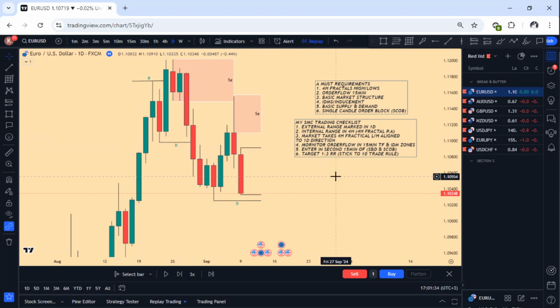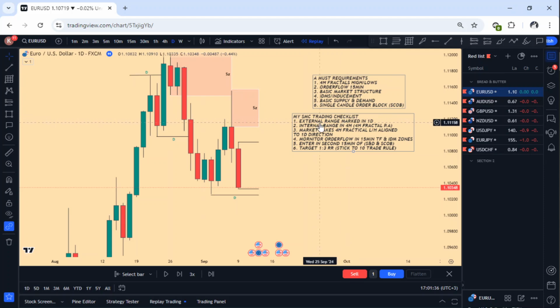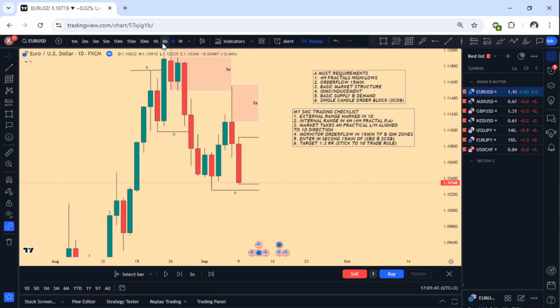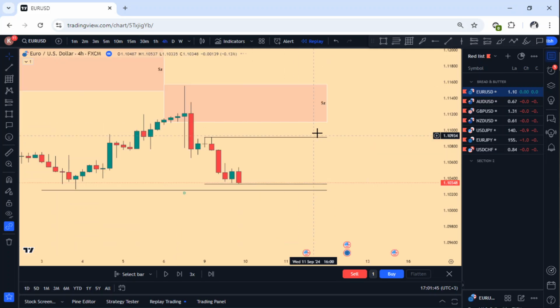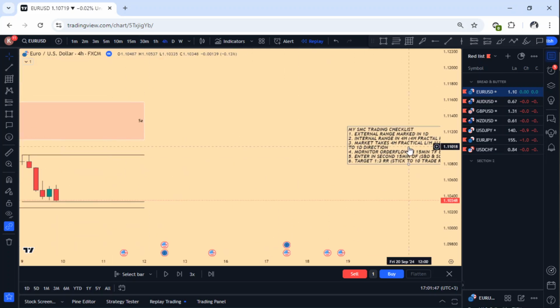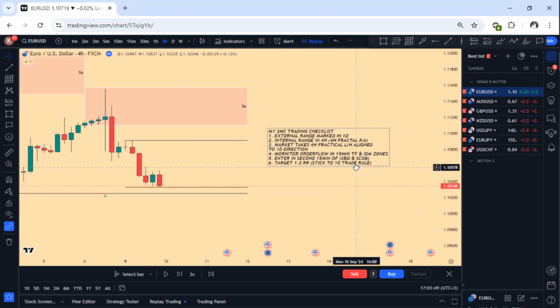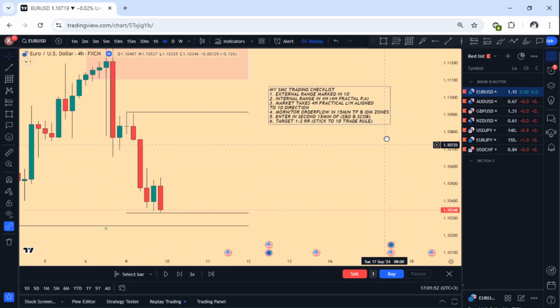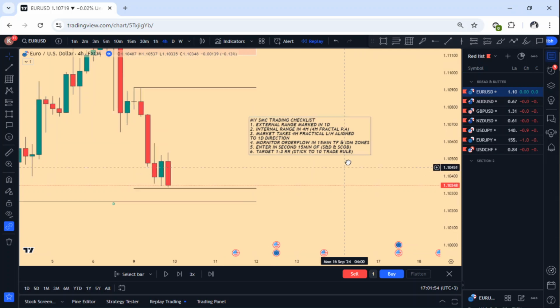So to make my work easy, I just go to my checklist. I mark external range marked in daily. That is high and low of the day. That is the only thing we need to mark. And we go to 4 hours. The checklist still follows us.